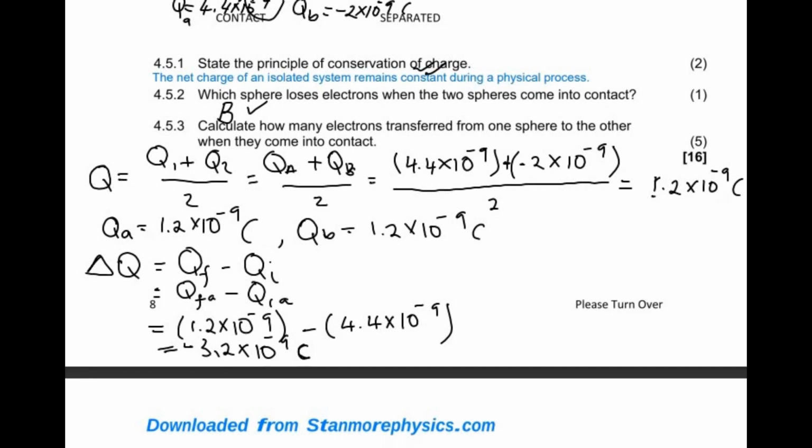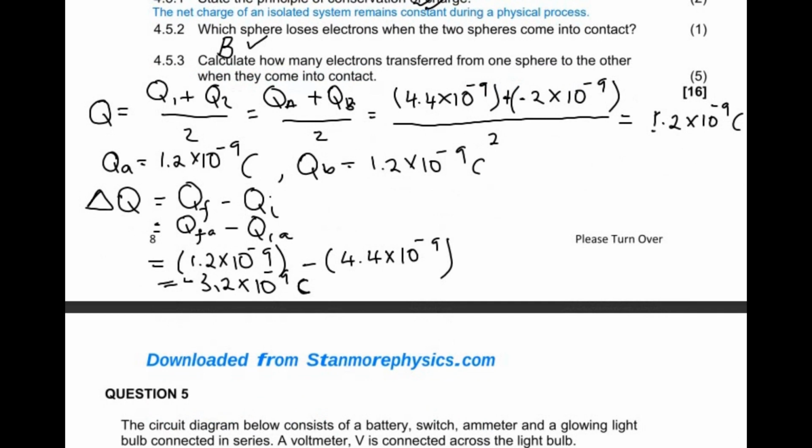We still have not calculated the number of electrons. Yes, we know the charge now that is transferred, but we don't know the number of electrons. Which equation do you think we're going to use to find the number of electrons? We've already used it before. So we will use our charge quantization equation, which is Q equals NQE.